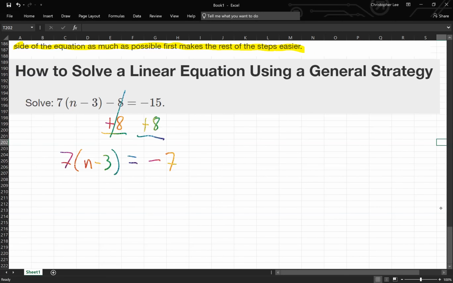After that, I want to get rid of this 7 that's being multiplied by the n minus 3, because remember, I'm trying to solve for n. But what I do to one side of the equation, I must do to the other side. So now I have n minus 3 is equal to negative 7 divided by 7 is what?